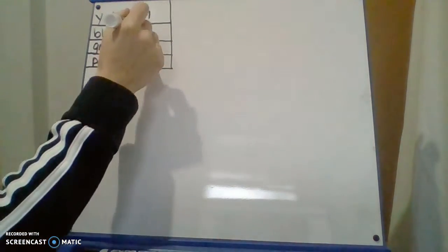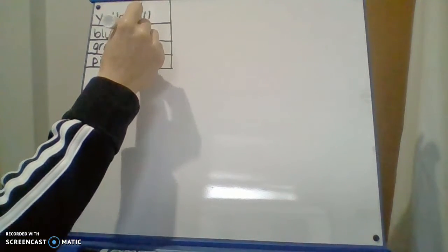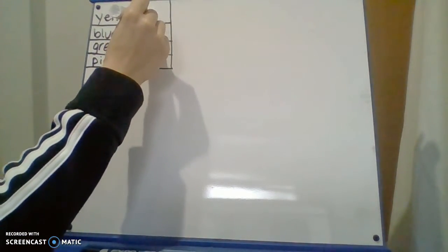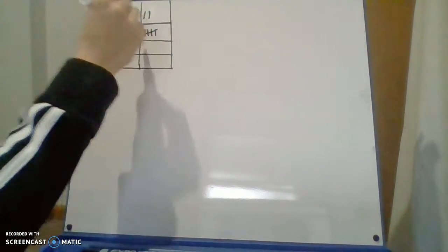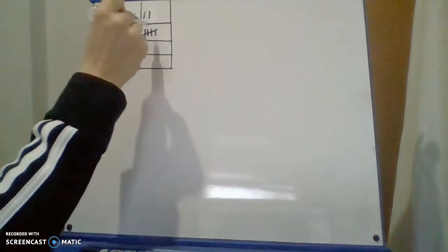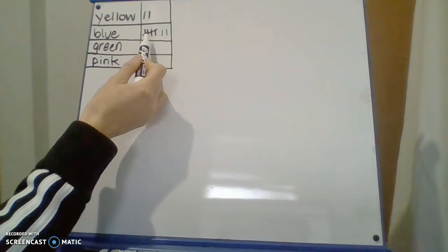So 7 blue beads. So again, we're going to make our tally. And when you do this, you tally 1, 2, 3, 4, 5, put a diagonal line through it, 6, 7. Because we bundle it as 5. So that's a 5 bundle. So in your head, you can count, oh, 5, 6, 7. It makes counting easier and quicker for us.